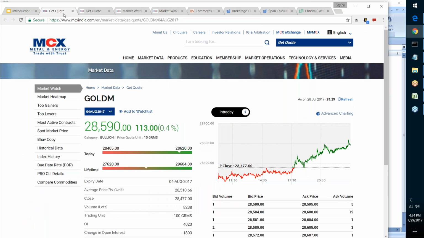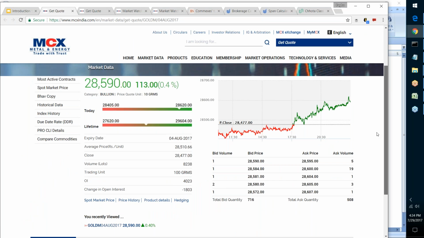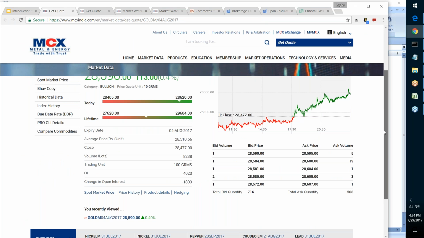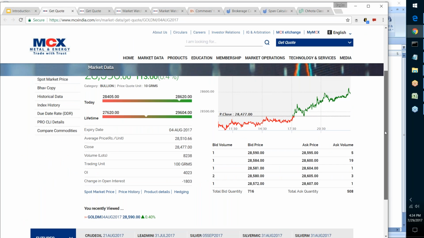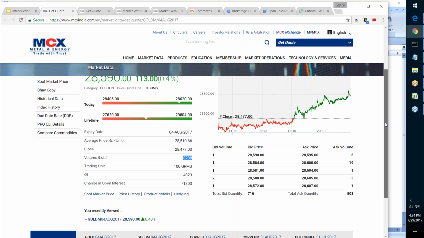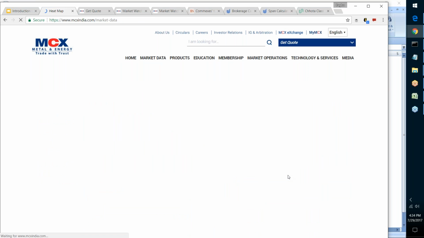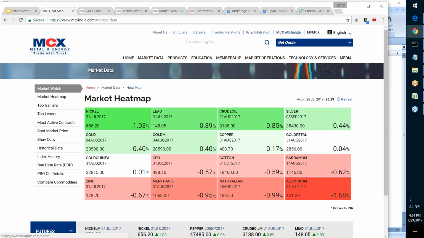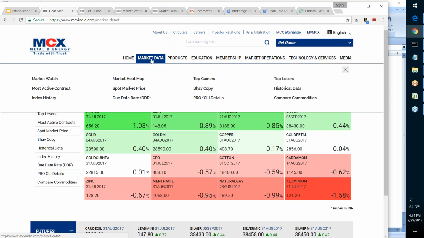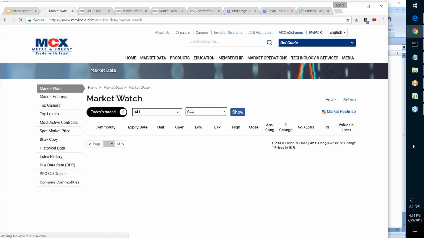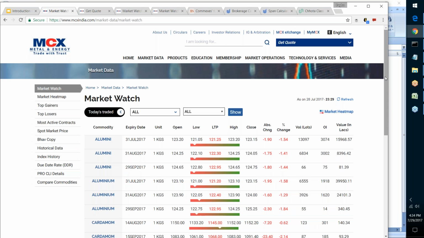So if you look at gold mini, let's say I look at the total traded value here. You can see the traded volume, right? It's 8,000 contracts, which is okay, but it's not great, to be honest. So if I go back to market data, and I'm trying to figure out how much turnover was done, you can see that gold mini is not anywhere as much as gold.